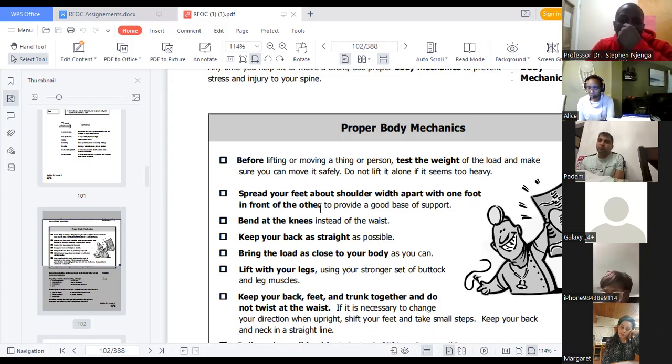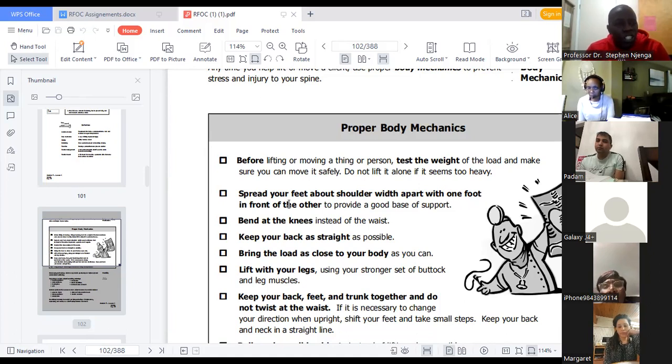Number two, proper body mechanics. You make sure you spread your feet about shoulder width apart with one foot in front of the other, so your legs are not in the same position. This we shall do when it comes to the 16 hours of mandatory skills training.